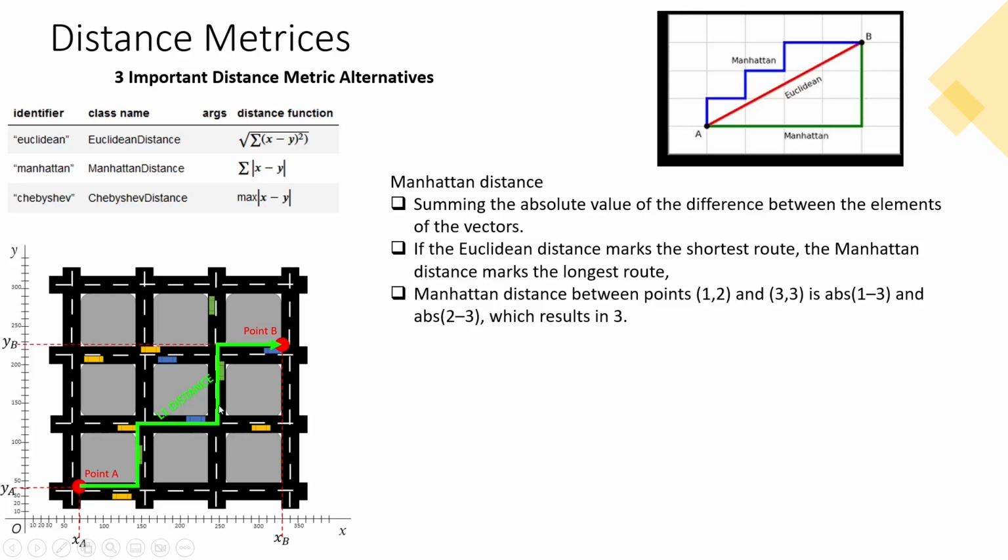We need to follow the road, and then we come to point B. Manhattan distance, or the city block distance, is basically measuring that distance. The definition is you get the absolute value of the differences and sum them up. Therefore, the Manhattan distance between points (1, 2) and (3, 3) is the absolute value of 1 minus 3 plus the absolute value of 2 minus 3, which is basically 3.